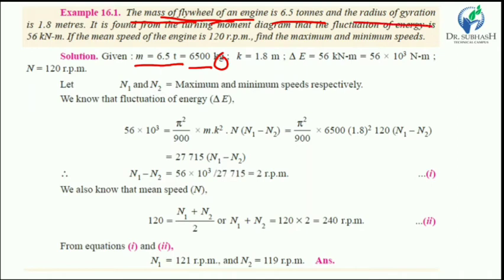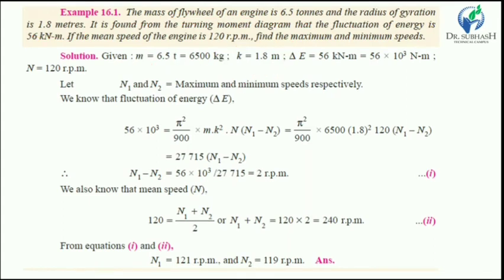And the radius of gyration is 1.8 meters, so K is equal to 1.8 meters. Now it is found from the turning moment diagram that the fluctuation of energy is 56 kilonewton meter. The fluctuation of energy delta E is equal to 56 kilonewton meter, so convert into newton by multiplying with 10 raised to 3.